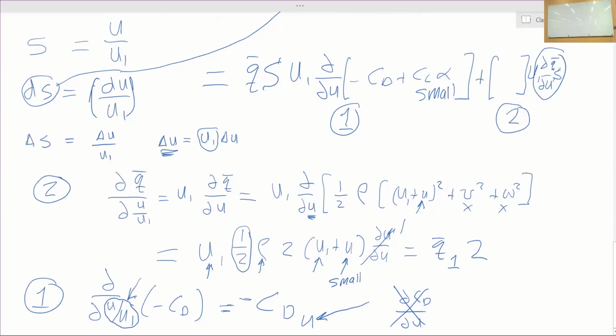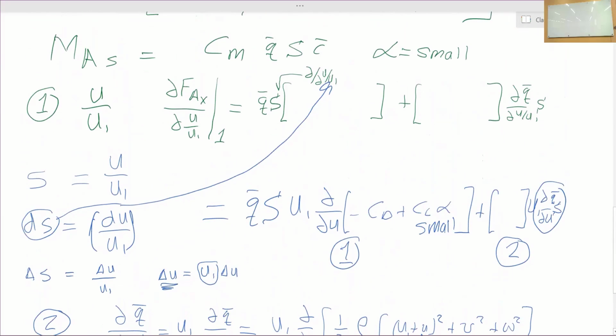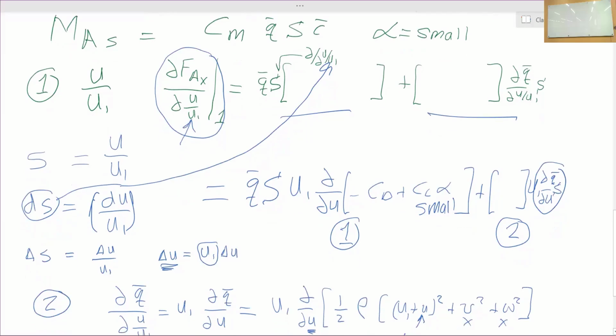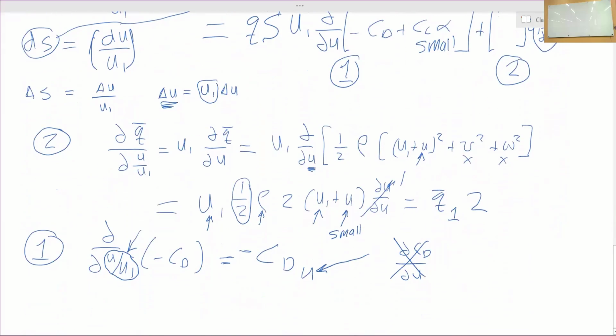All right, so this is a really long story, but we're getting to the end of this part. We are calculating this derivative, that is, how does this aerodynamic X force change with a small perturbation U over U1? And we did this part, and we just have to add them together. And it boils down to just this part here and this part here added together when we were all done.